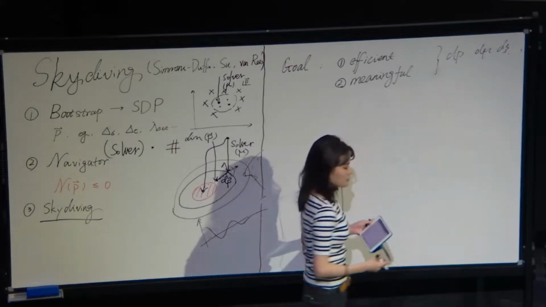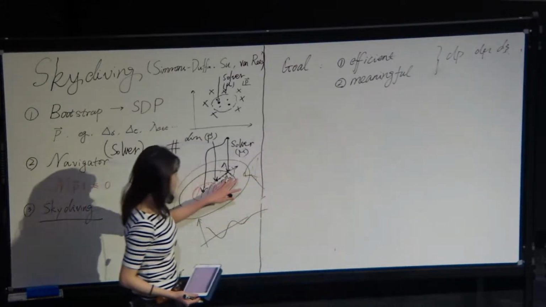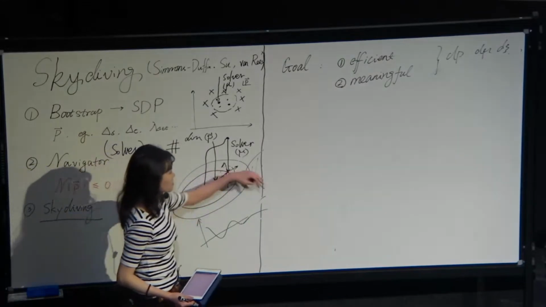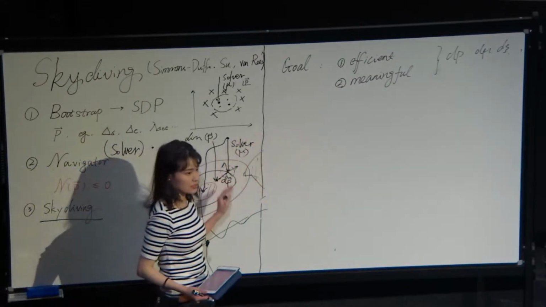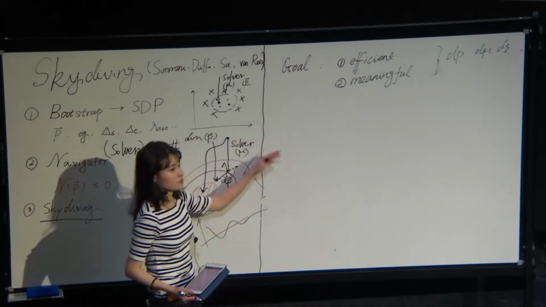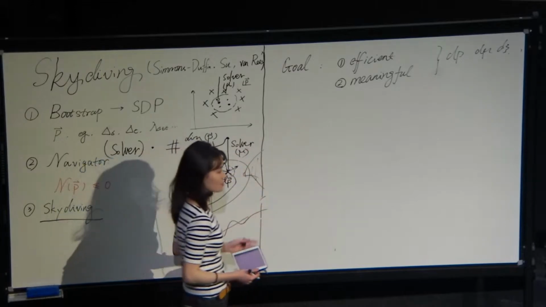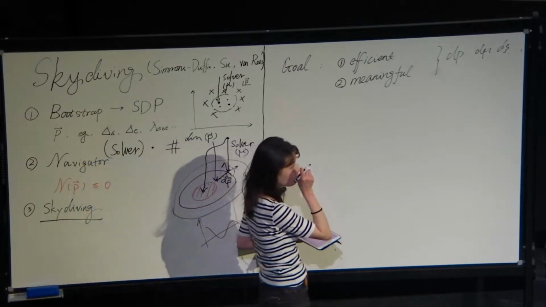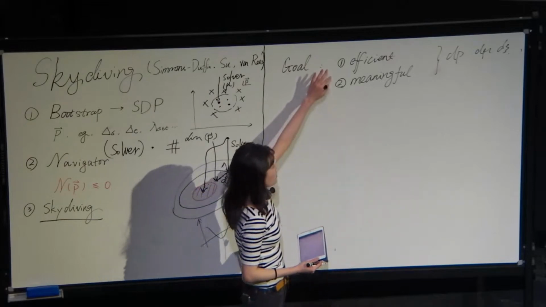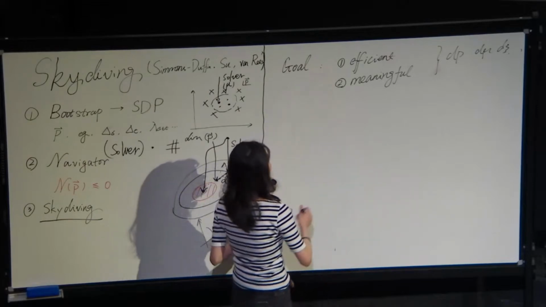Meaningful means that we want to make progress towards our final goal instead of letting P wander about into a region and wasting time there, or sometimes it just goes completely off and never converges to our final solution. So we want to achieve both.